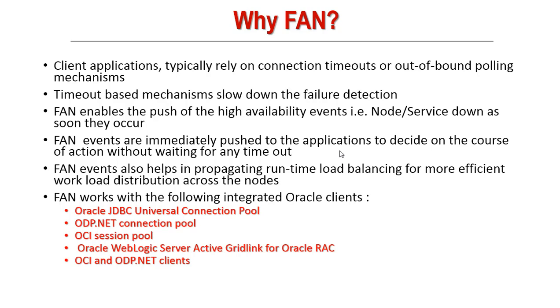And the advanced queue, AQ, is the other option if you're not using ONS with OCI or Java or JDBC. And if you want to send the information to Enterprise Manager, there is another daemon called EMD, which does the task for you.